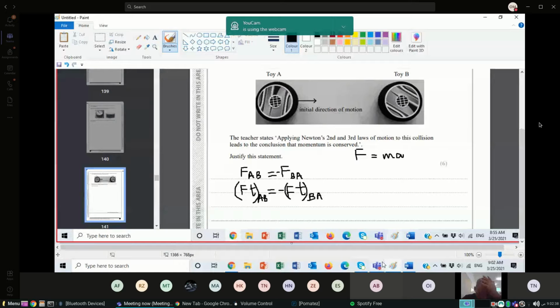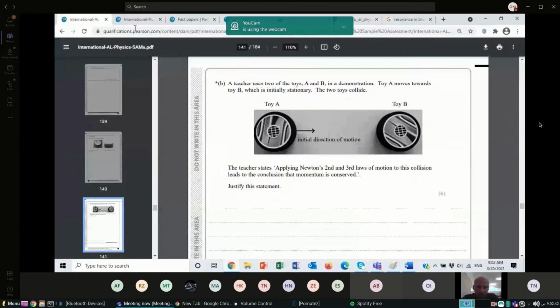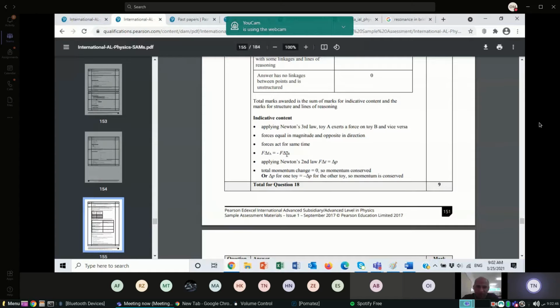Okay, let's skip this for the moment, because we have to use this equation, and the thing is how to convert this into a momentum equation, so that we can write that total momentum change is 0. How can we write that? Delta P for one toy equals minus delta P for the other toy. How can we do this?